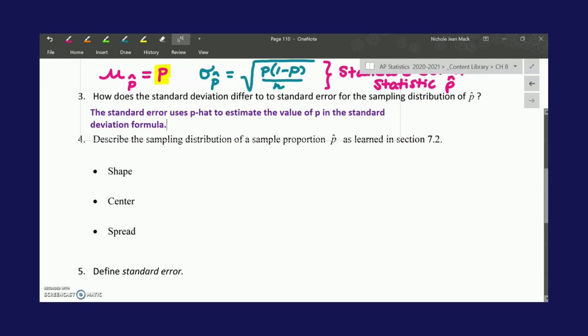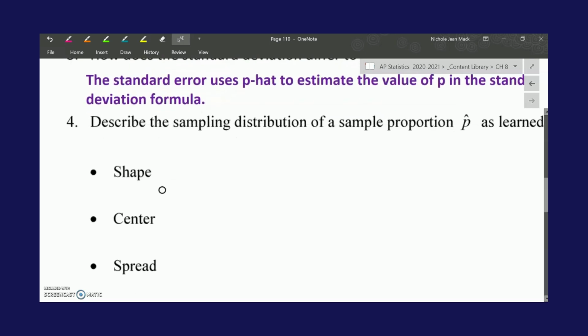Now let's talk about describing the sampling distribution of a sample proportion. When you have to describe any distribution, remember we use SOCS, so we have to talk about shape, center and spread, and then we always bring in whether there are outliers, correct? So let's figure out what the shape is going to be for our p hat sampling distribution. Let's talk about shape.